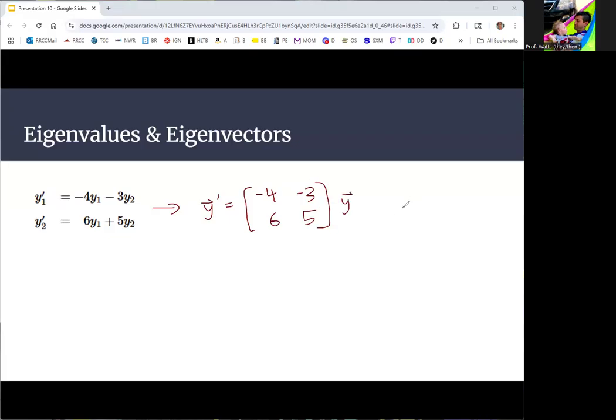And then this tells you that A is that matrix. All right. And then I want to do A minus lambda I. And so I'll just subtract lambda there.